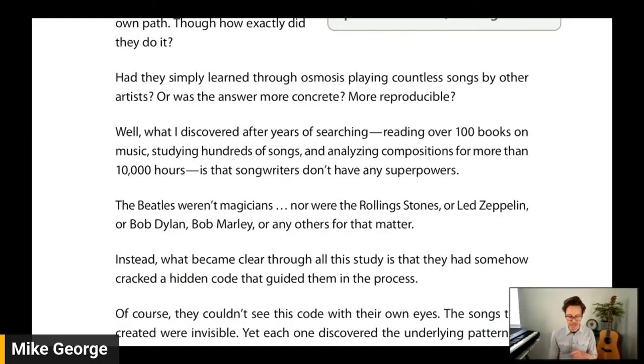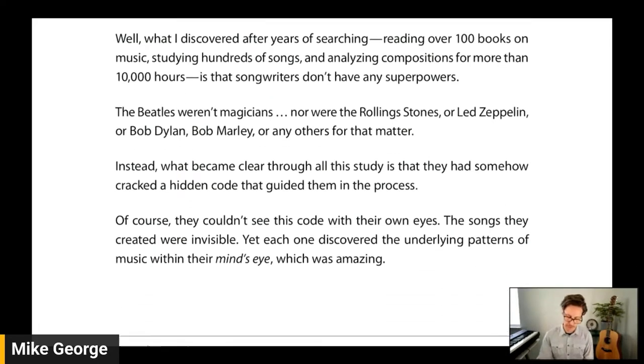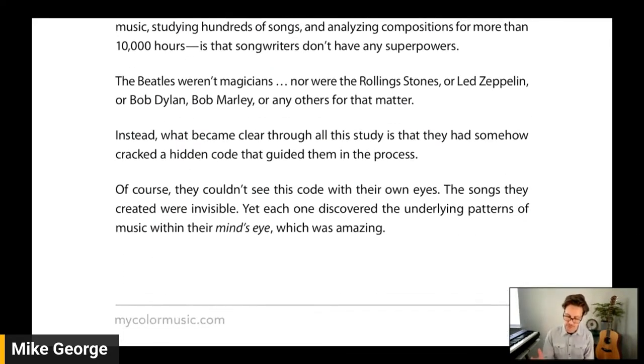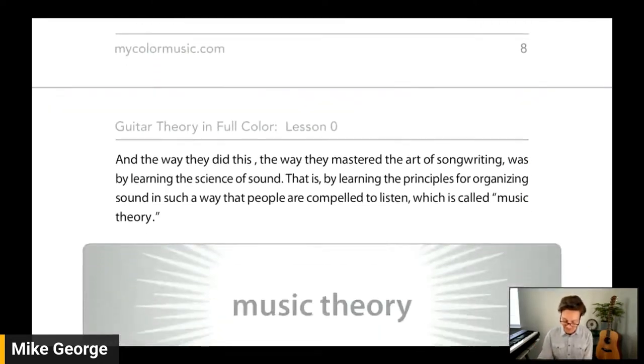Instead, what became clear through all this study is that they had somehow cracked a hidden code that guided them in the process. Of course, they couldn't see this code with their own eyes. The songs they created were invisible. Yet each one discovered the underlying patterns of music within their mind's eye, which is amazing.